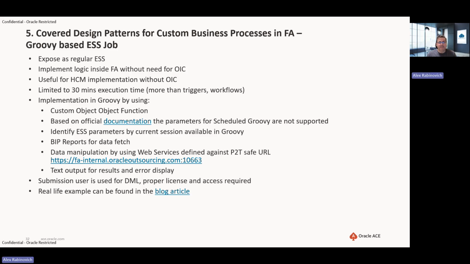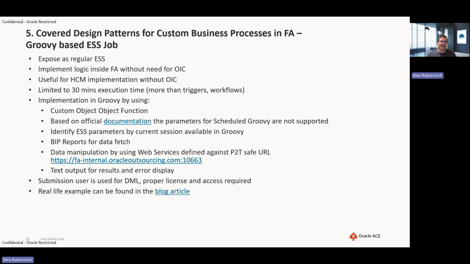It's important to understand that when we develop integrations with OIC, we don't really think about permissions because we always use service view that has wide permissions. When we design ESS job in Groovy, knowing that the user will run this job, we should think like we do it with Visual Builder pages.